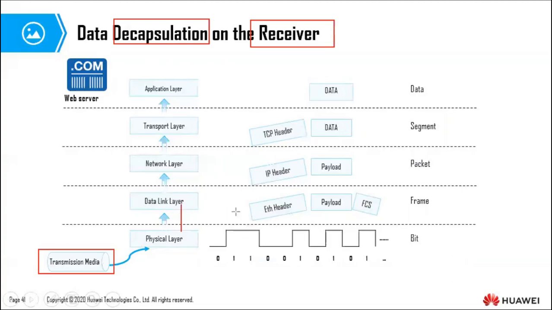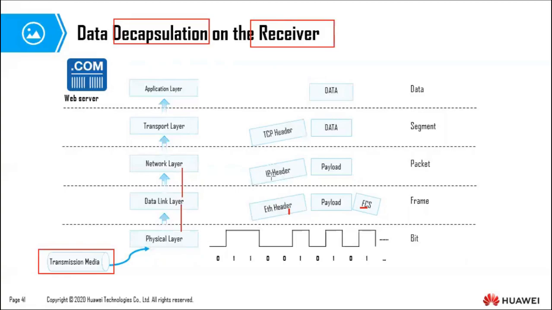At the data link layer, it's going to look at the destination MAC address. Is this my destination MAC address? Does it match? If yes, I will remove the header here. I will remove the header, and I will also remove the trailer, the frame check sequence. You getting the point? Then I'll forward that particular packet up to the network layer.